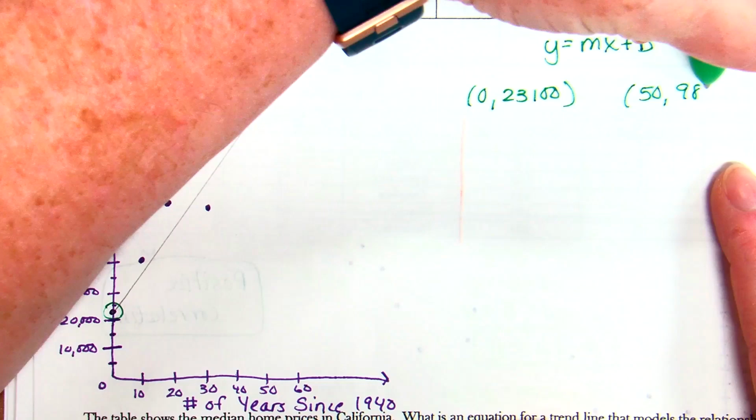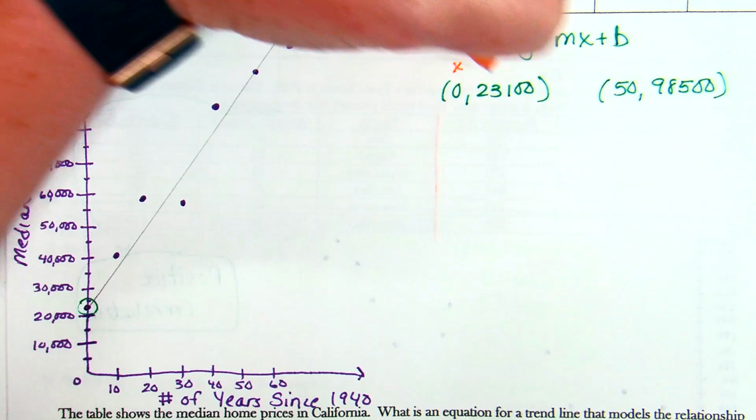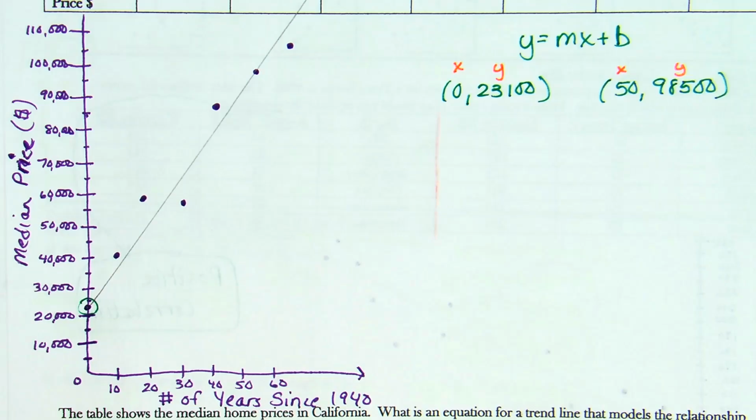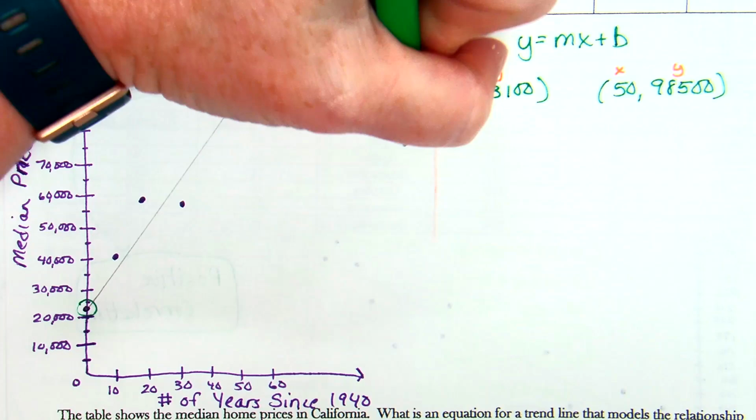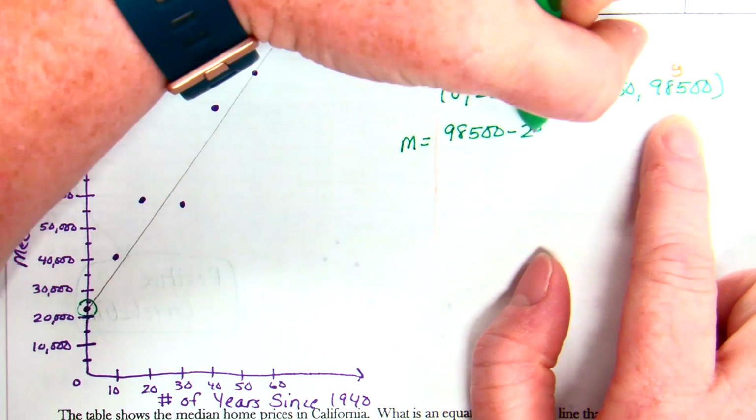Remember, in an ordered pair, it is always xy, xy. How do I find slope? Y2, I'm going to use 98.5 minus Y1, 23,100, divided by X2 minus X1, 50 minus 0.